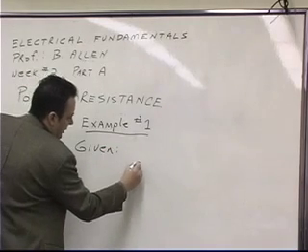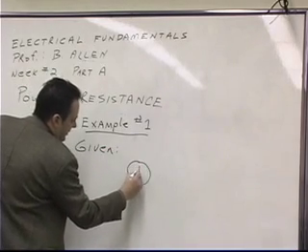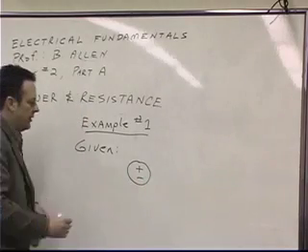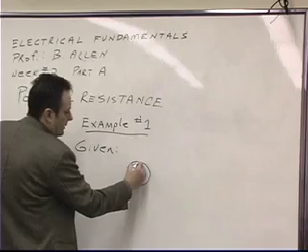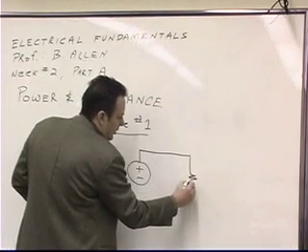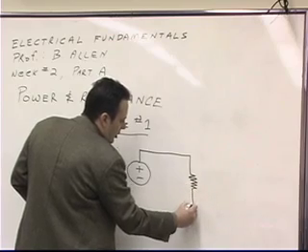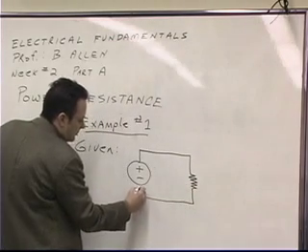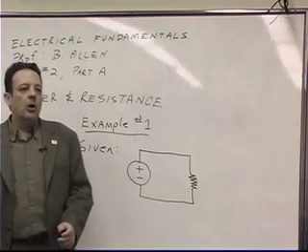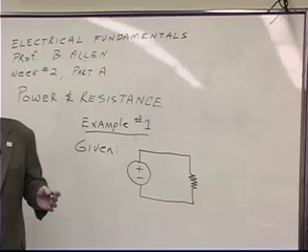We're given a circuit that consists of a DC battery. Polarity is positive on the top, negative on the bottom, obviously. And that battery is connected to a load, and that load is shown as a resistor on the board. Now, that load could be one of many things.